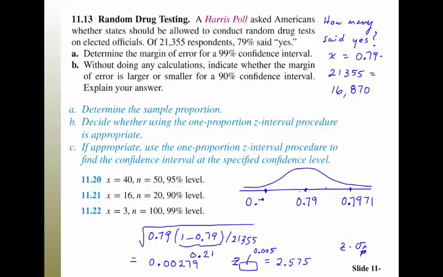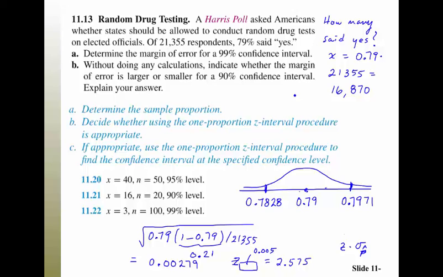Sounds right. Okay, so we're 99% sure that the actual population proportion is between 78.3% and 79.7%.